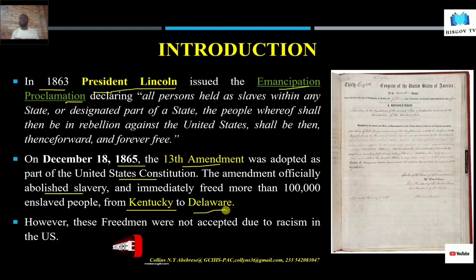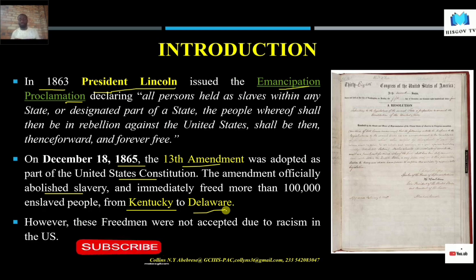Even there were schools that they were not supposed to go. There were areas that they were not supposed to go in the U.S. And so it became very, very hard for these freedmen to actually achieve freedom and equality in the United States.